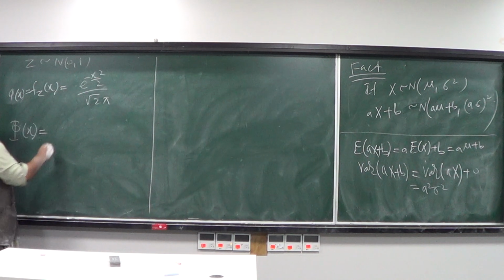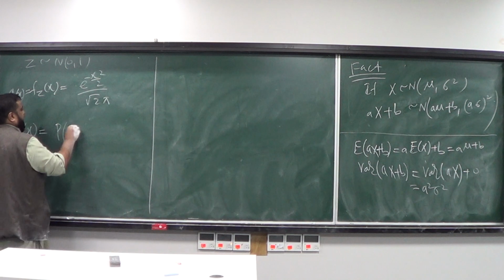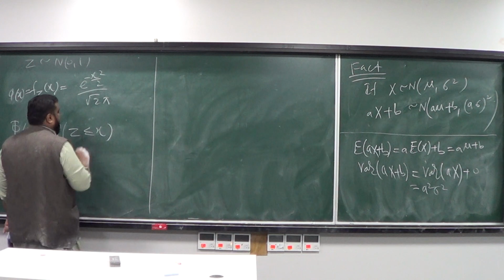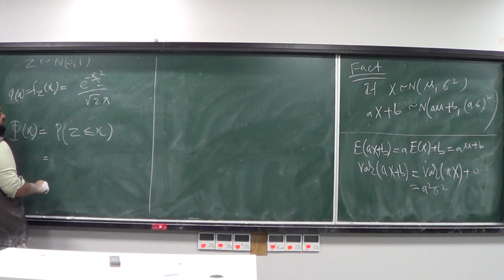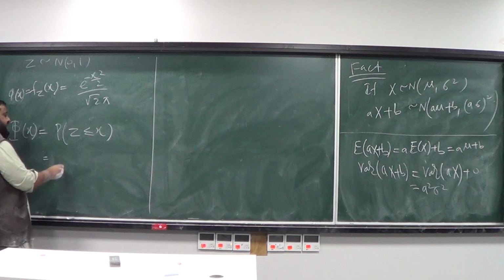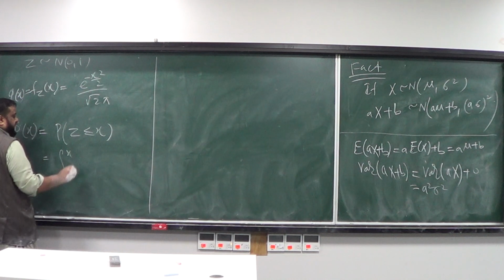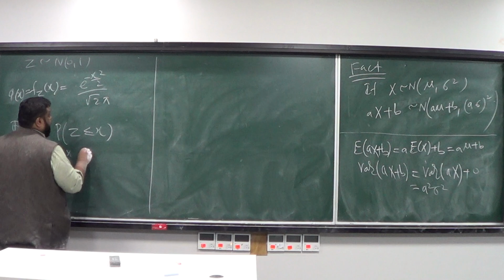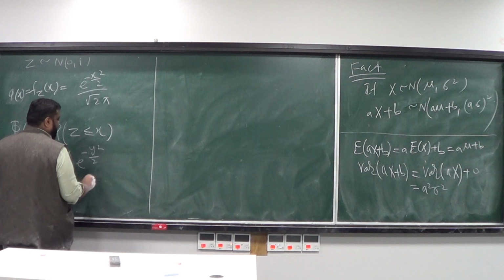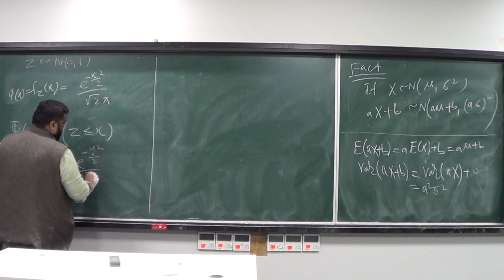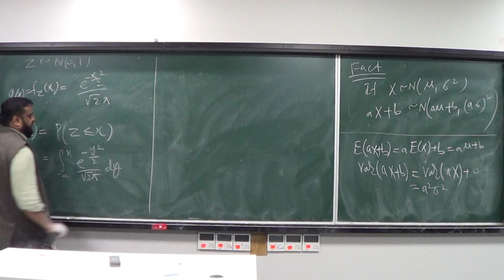And what is phi of x? Obviously, this is the probability that Z is less than or equal to x, which is the same as integrating from minus infinity to x, e to the minus y square by 2 over square root of 2 pi dy.